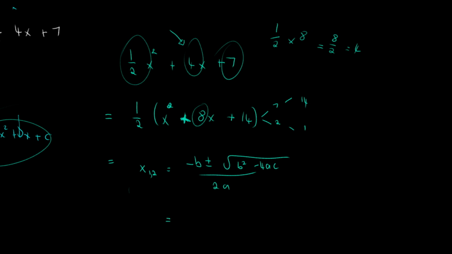Now, remember earlier when I told you it's important to know the standard form of a quadratic equation? And this is exactly why. Because now we see that our a value, in this case, is equal to 1. Our b value is equal to 8. And our c value will be equal to 14.